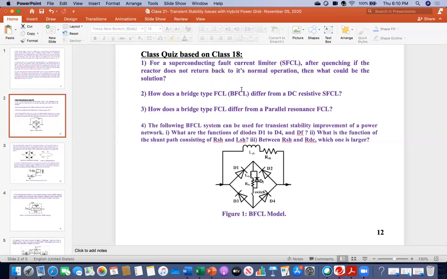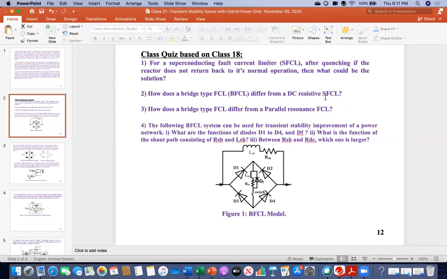The BFCL has two paths: in addition to the bridge part, there is a shunt path. In case of DC resistive, there is no shunt path. And what else is the additional difference? I think the DC SFCL needs cryogenics to maintain the superconducting mode. Yeah, right, exactly.